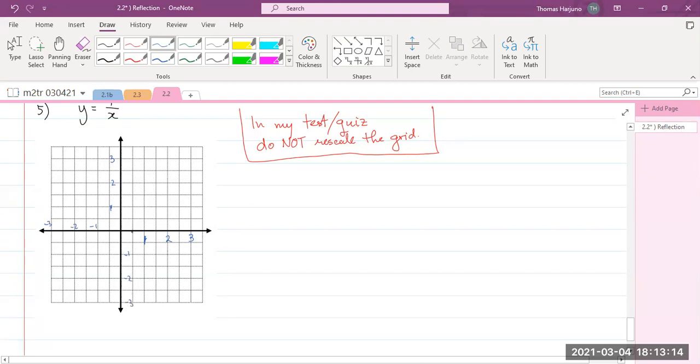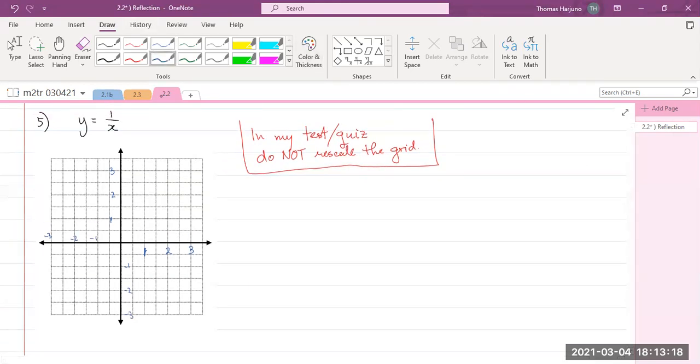Now you will see 1 over x has this graph: 1, 1; 2, 1 half; 3, 1 third; 1 half, 2; 1 third, 3.